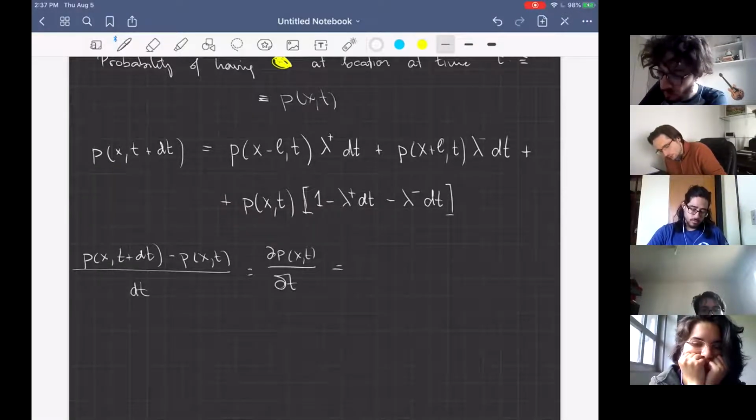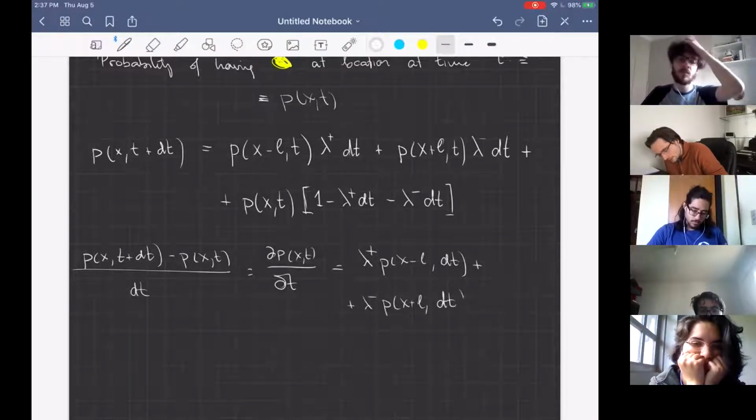And this is equal to lambda plus P(x minus l) dt plus lambda minus P(x plus l) dt minus lambda plus lambda minus.